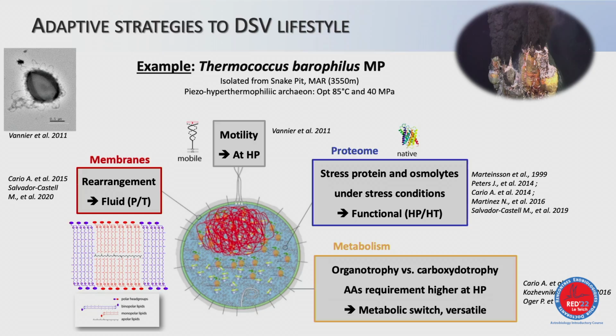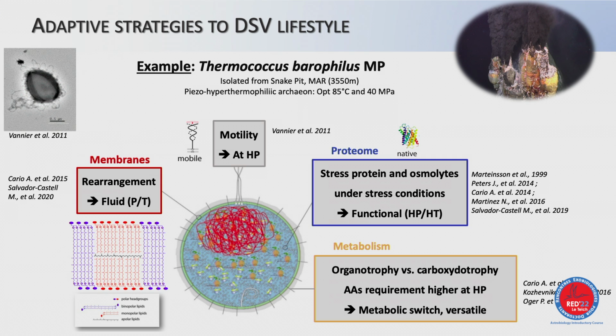Concerning the proteome, so all the metabolic activity, we saw that all the proteins in the cells are piezophilic. It means that all the proteins in the cells are adapted to pressure. And we saw that the cell was able to accumulate some solutes, some protection, only under stress conditions. And those stress conditions are atmospheric pressure conditions.